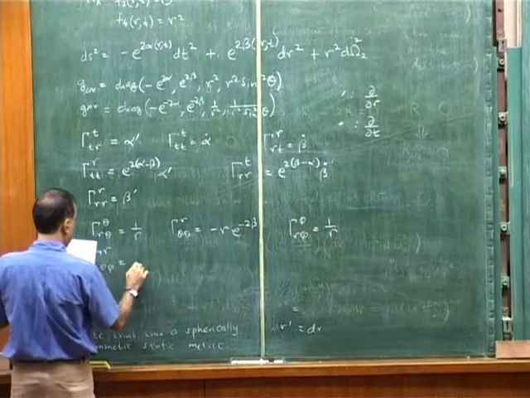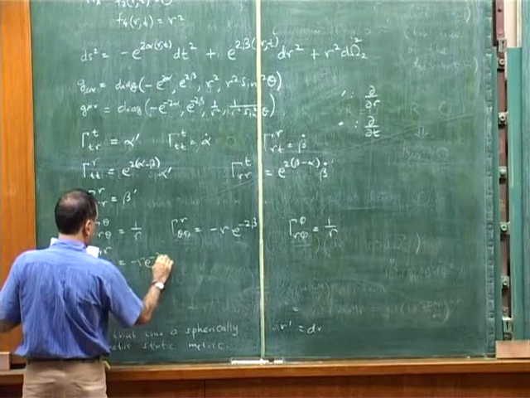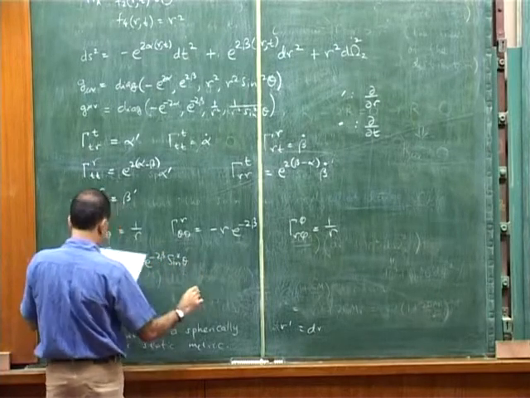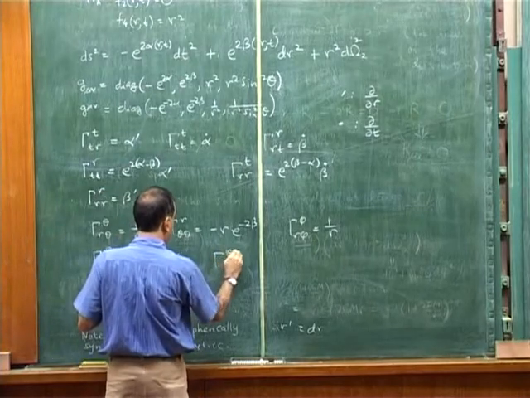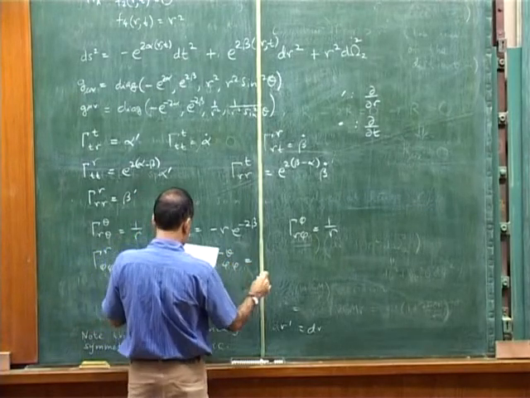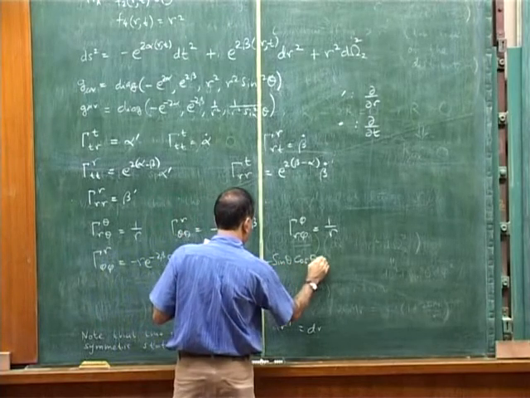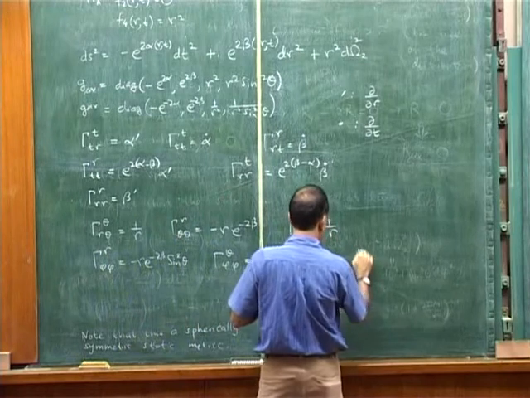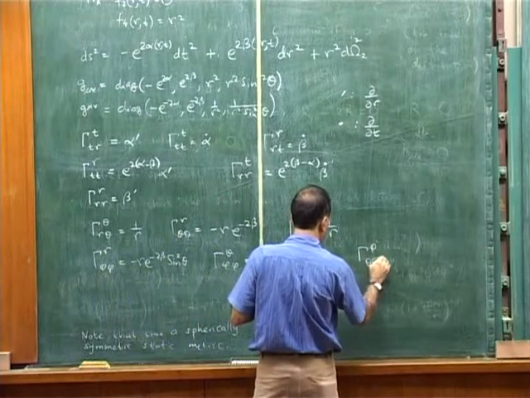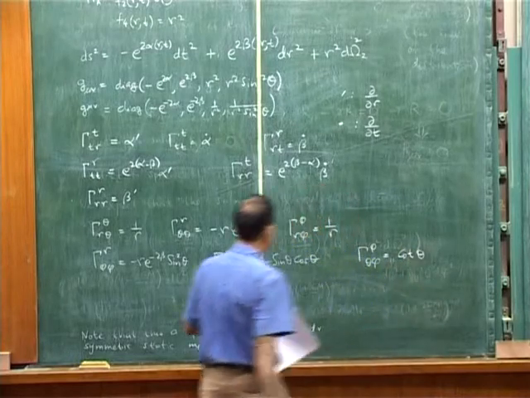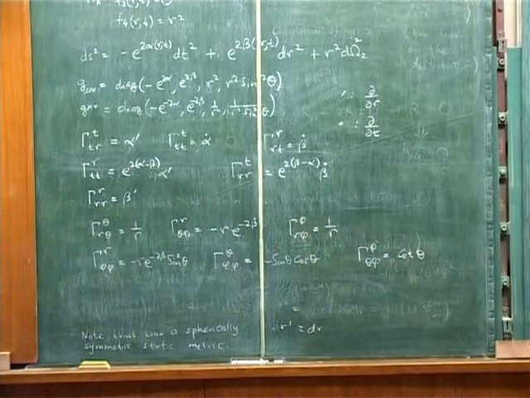This is... then gamma theta phi phi. And finally, gamma phi theta phi is cotan of theta. So that's the complete list of gammas.